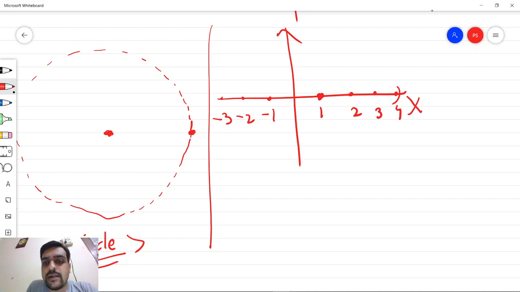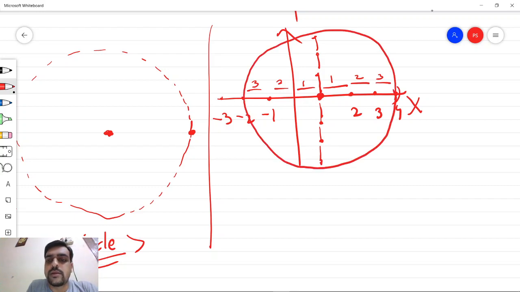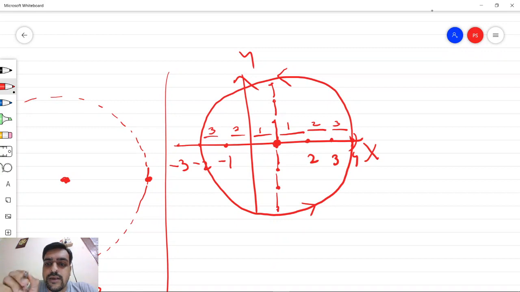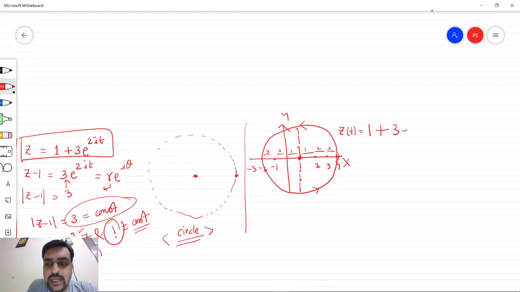So this is the center, and we can count 3 units on both the sides. So 1 2 3 1 2 3. Similarly we can count upwards 1 2 3 and downwards 1 2 3, and can draw a circle. This is the point which is acting as the center, and this is the track or trajectory traversed by the particle, whose equation of motion is represented in complex notation as z equal to 1 plus 3 e raised to 2it.